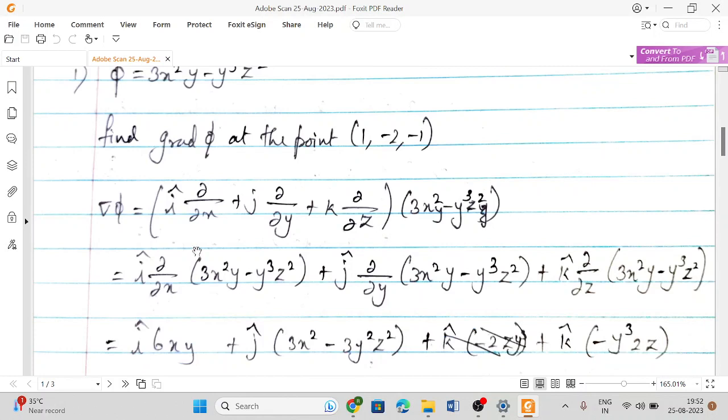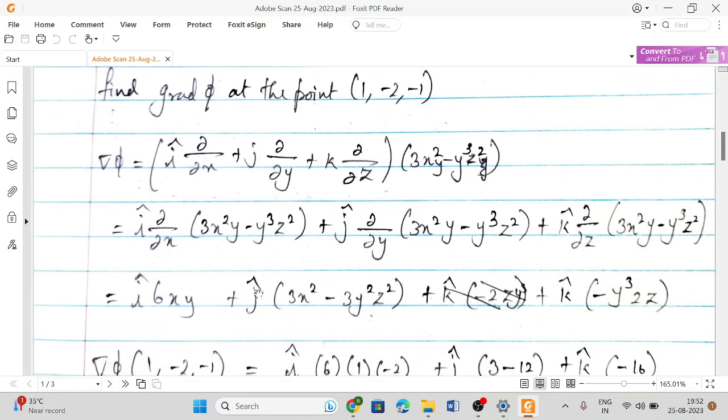Right? So that we have to take the gradient of. As a result of that, we will be getting a vector, right? Here i is a unit vector. So 6xy i and 3x square minus 3y z square. You are differentiating with respect to x here, with respect to y here, and with respect to z here.